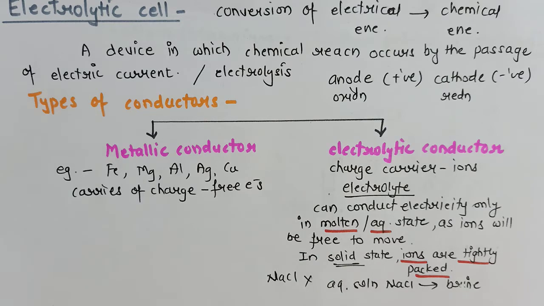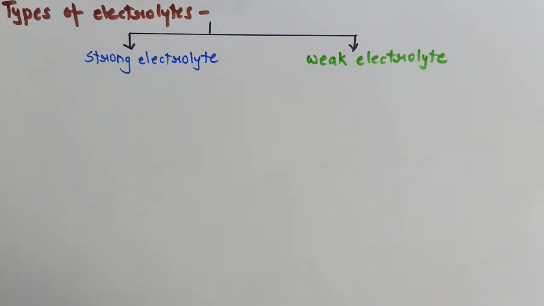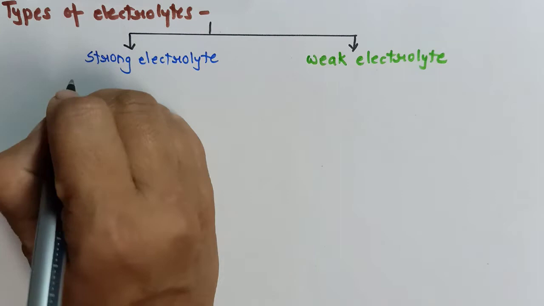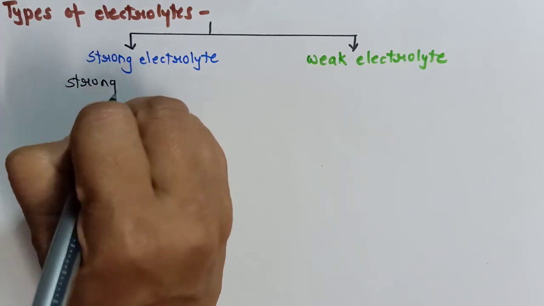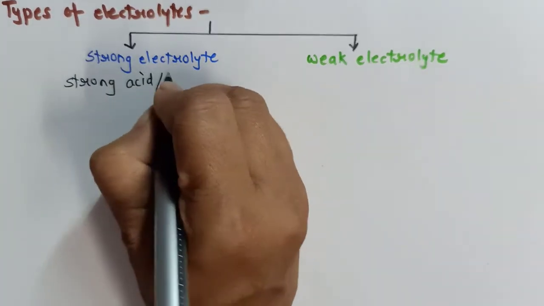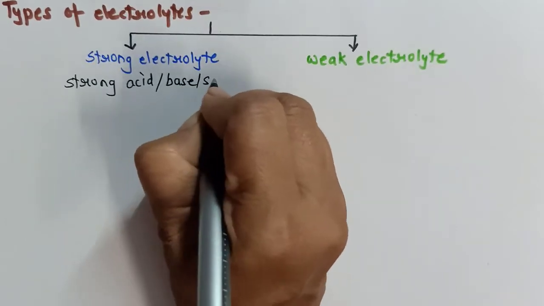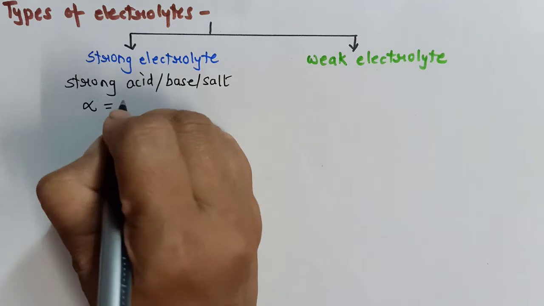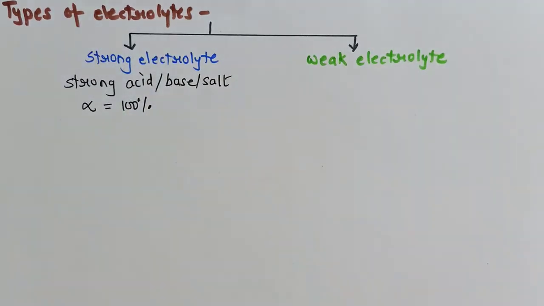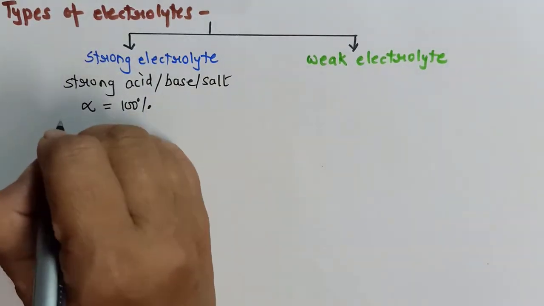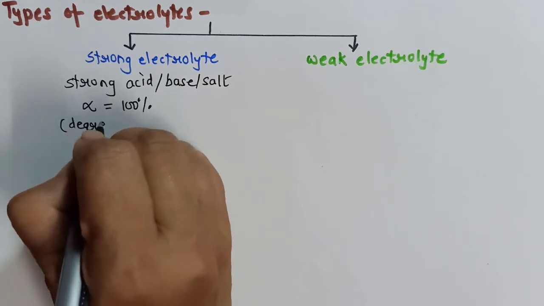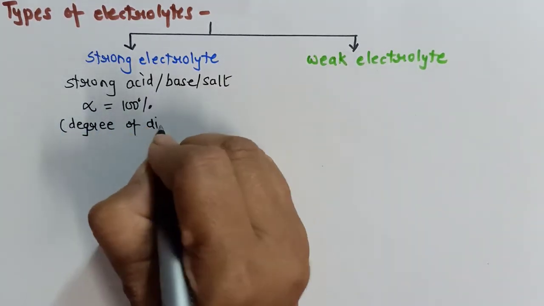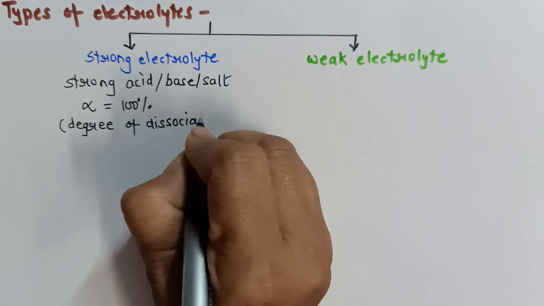Now we will discuss the types of electrolytes. There are two types of electrolytes, strong electrolytes and weak electrolytes. Strong electrolytes are generally strong acid or base or salt, which is completely dissociated, or I will say alpha is 100%. Degree of dissociation is 100%. And therefore they are called strong electrolytes.